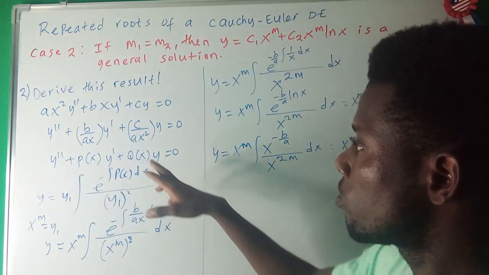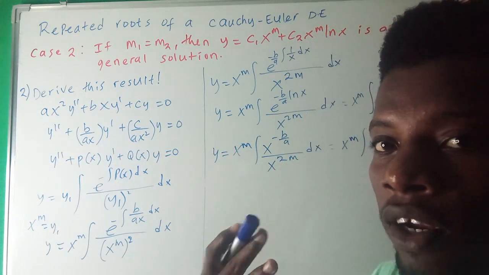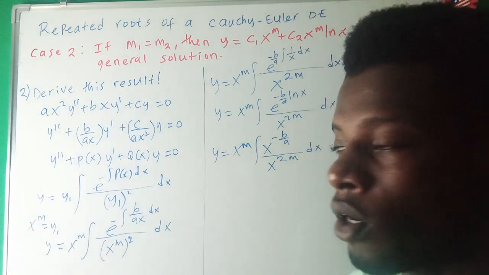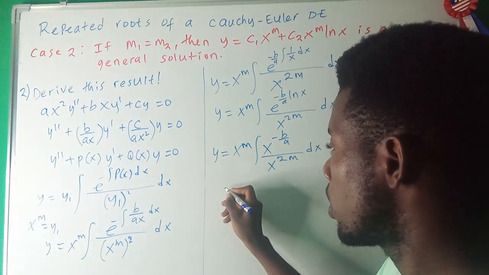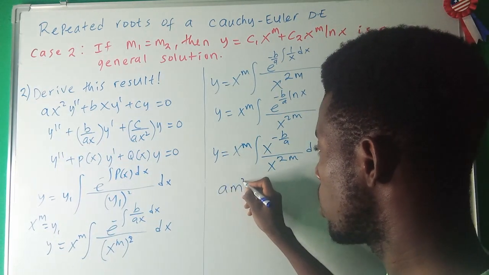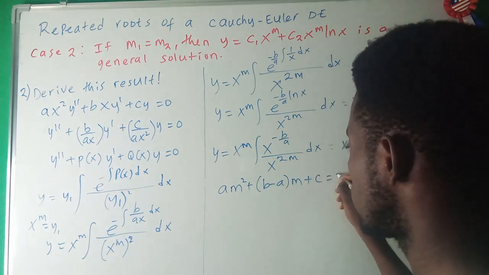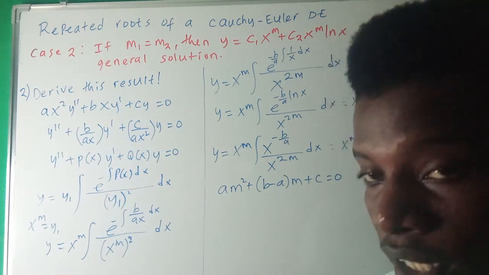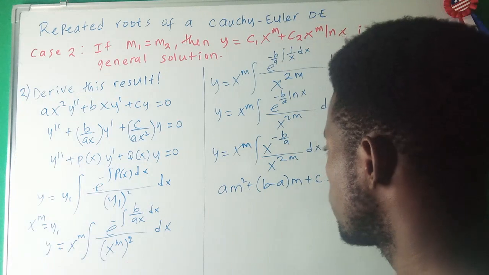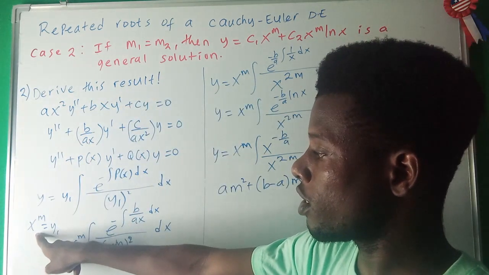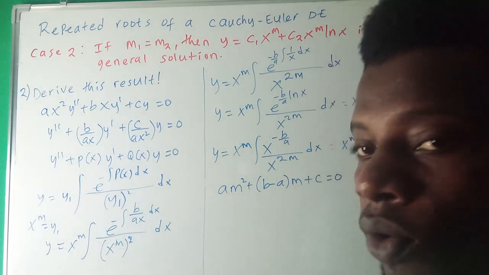So if you take this equation and assume this solution and replace the value of y prime prime and y prime as we did in example number 1, you have an equation like a m squared plus (b minus a) times m plus c equals 0. This is the equation we're actually solving to get the form y1 equals x to the power m.